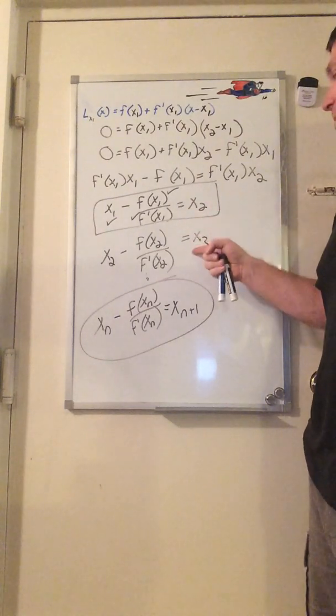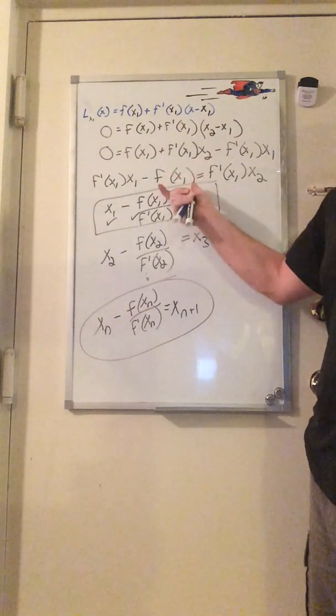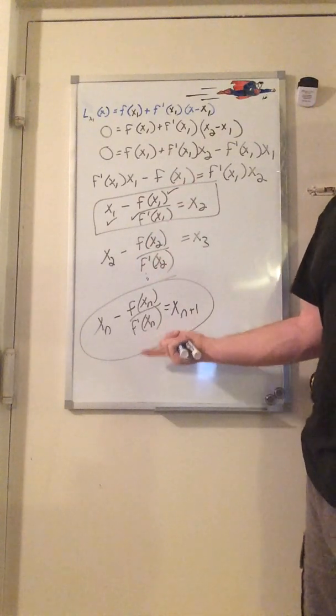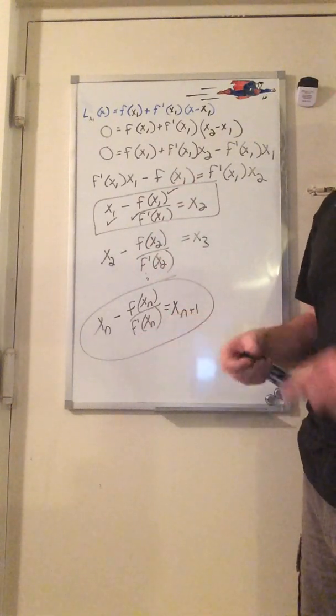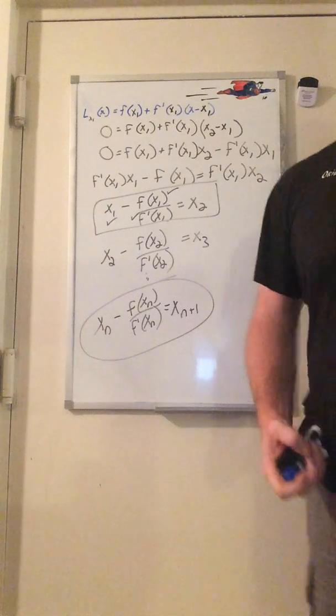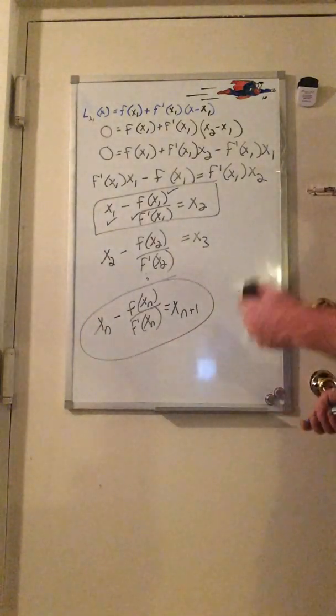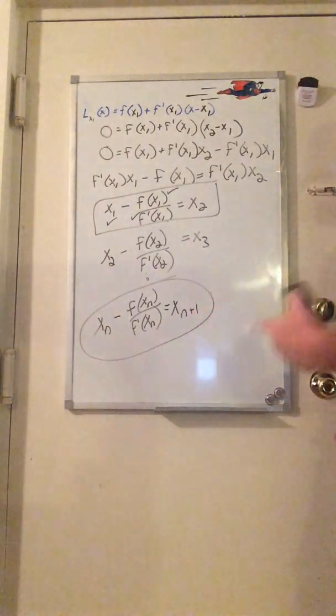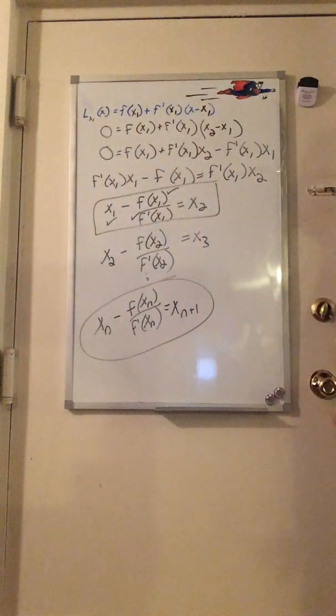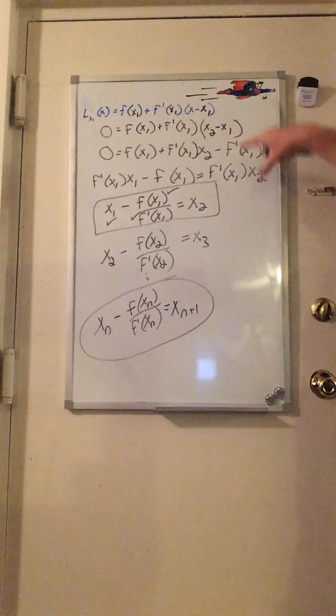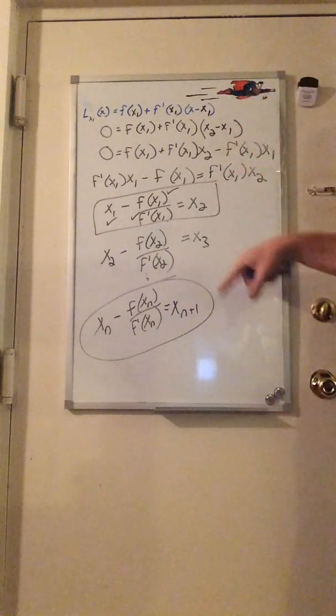From that, I can get an x sub 3, which is hopefully a better approximation. And I can keep on going as much as I want to get as close to the 0 I'm looking for as possible. Again, there are times when this will fail, if you don't do it right, or if the function maybe doesn't work well for it. We'll see that later. But for right now, I want to work through this process.